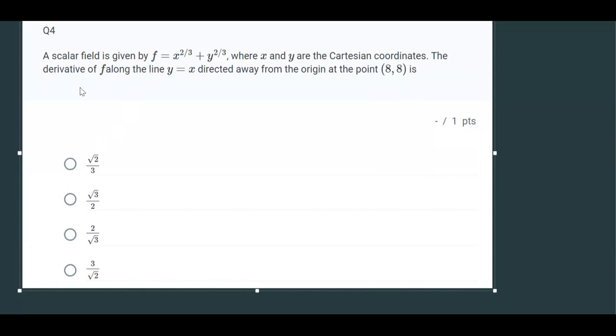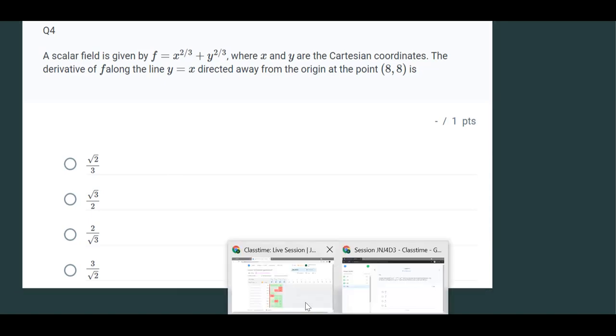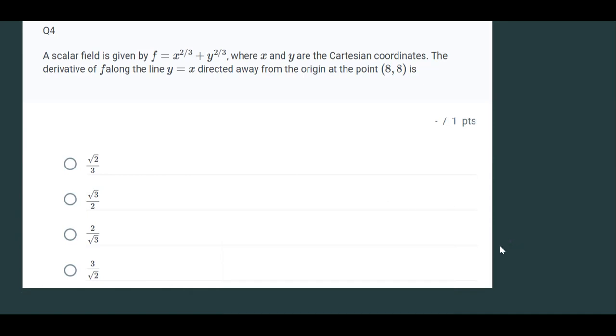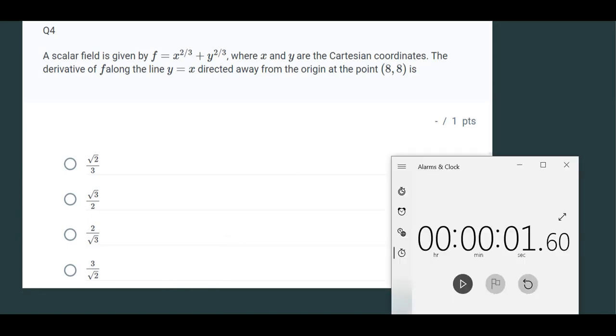So it's asking for the directional derivative. And we have 2.5 minutes from now.